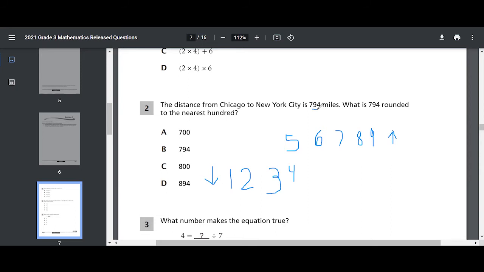Once again, if the numbers are 5, 6, 7, 8, or 9, we're going to round up. When we round up, the 7 goes up to the number 8, and all digits after the 8 become a 0. With that being said, answer choice C is the correct option.